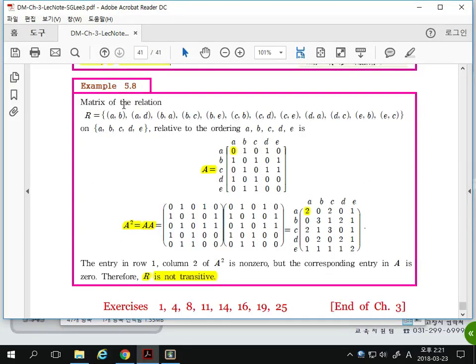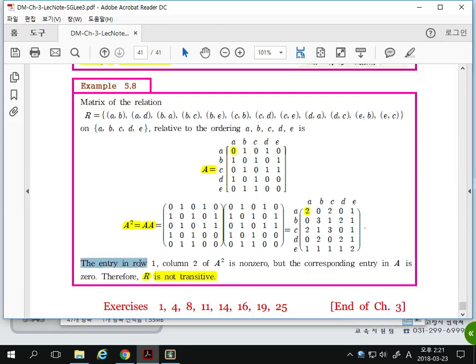Now the last example in chapter 3, matrix relations. If we have relations like this, relative to the ordering A, B, C, D, E, then the matrix of the relation can be defined as this 5 by 5 matrix. Then A square, the product of these two matrices, can be defined in this way. Then the relation matrix is a 0, 1 matrix where all the non-zero entries are replaced by 1.